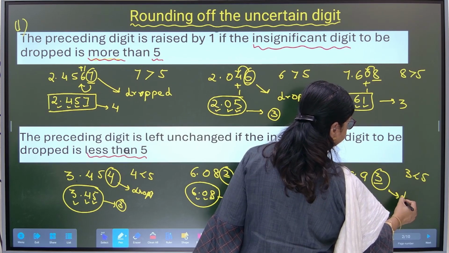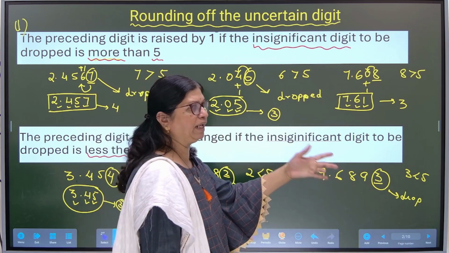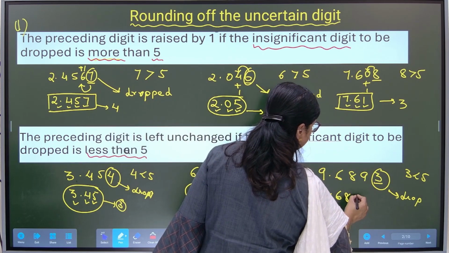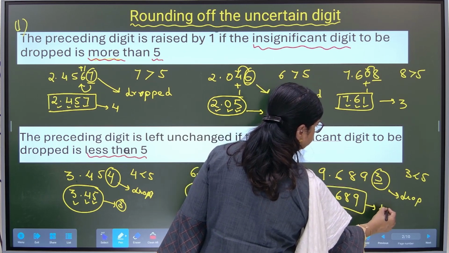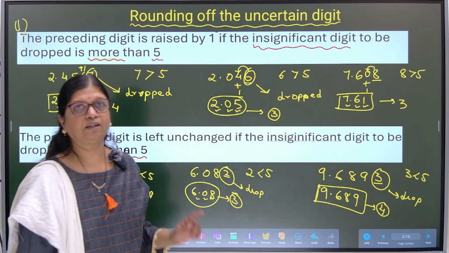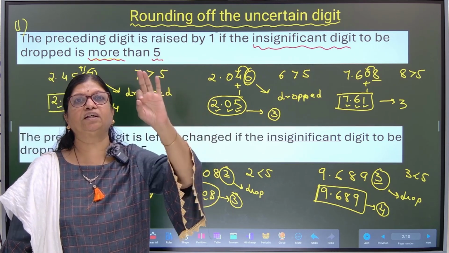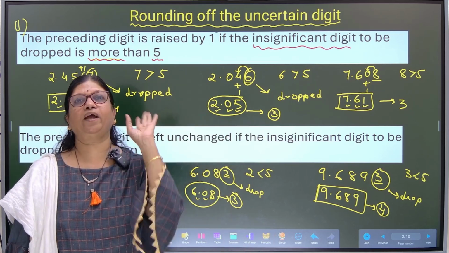Drop it. What should I do with 9? Nothing. As it is, I will write 9.689. So how many significant figures does this number have? 4. So this is the way you round off to the correct significant figures as required.